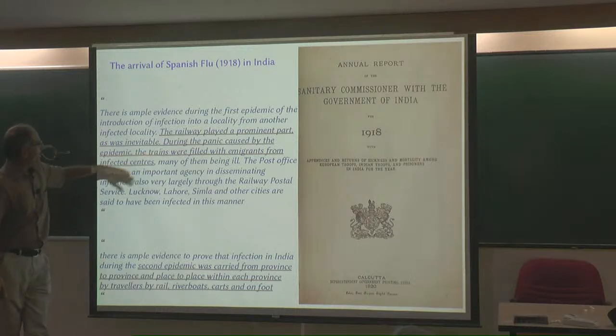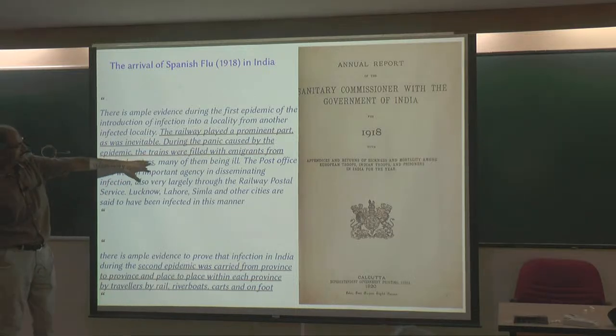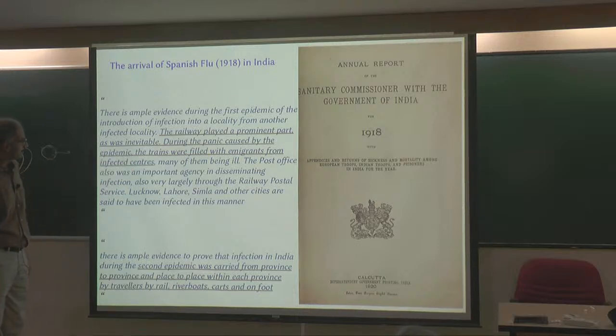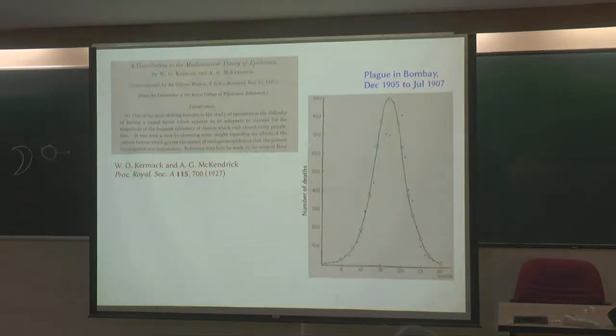Anyway, during the panic caused by the epidemic, trains were filled with immigrants from infected centers, many of them being ill, and so on. And it says the second epidemic was carried from province to province, and place to place within each province by travelers by train, river boats, and so on. In fact, the popular SIR model, when it was first published, drew data from Bombay itself.